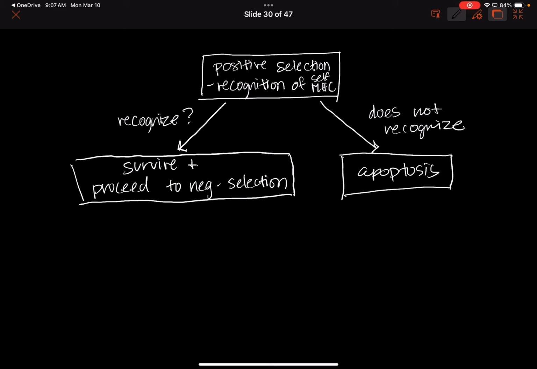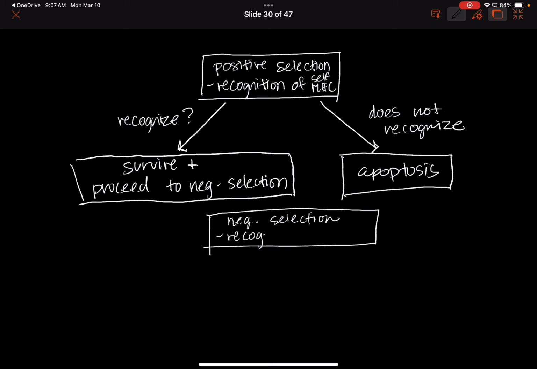From there, negative selection is all about recognition of the self-antigen. But this is negative selection, so we don't want it to recognize that self-antigen.